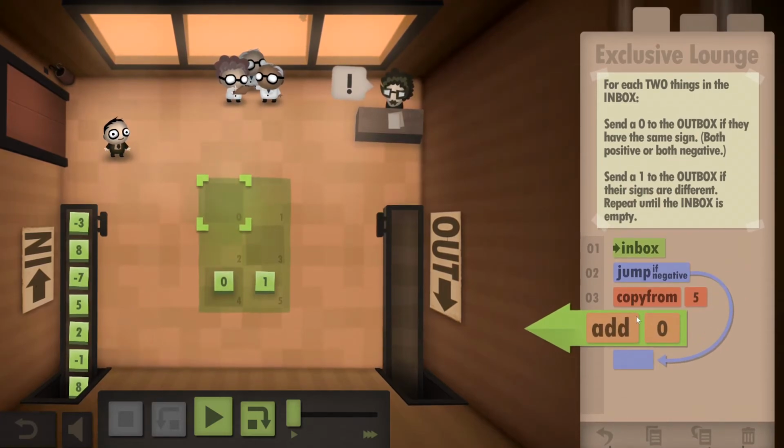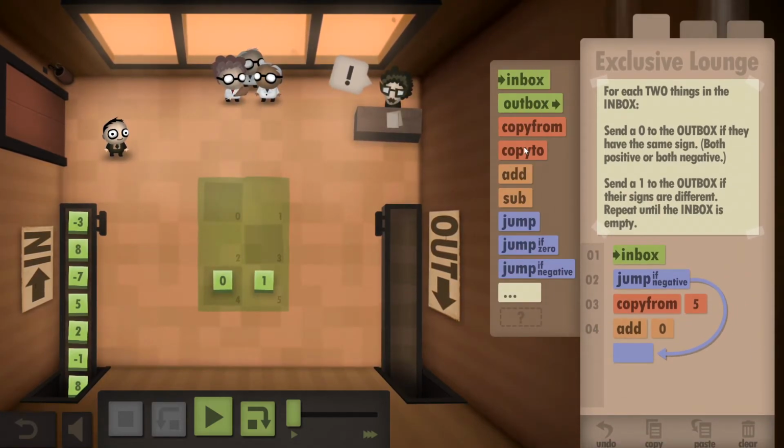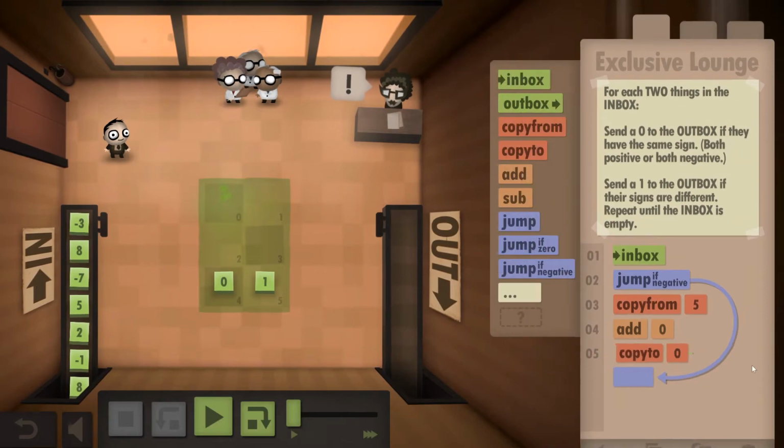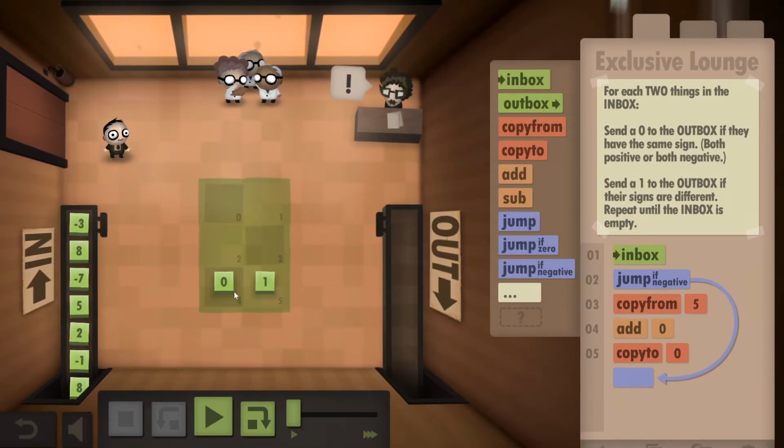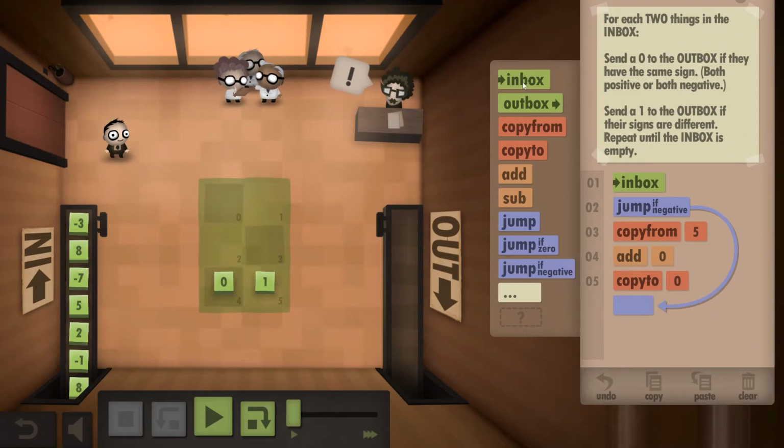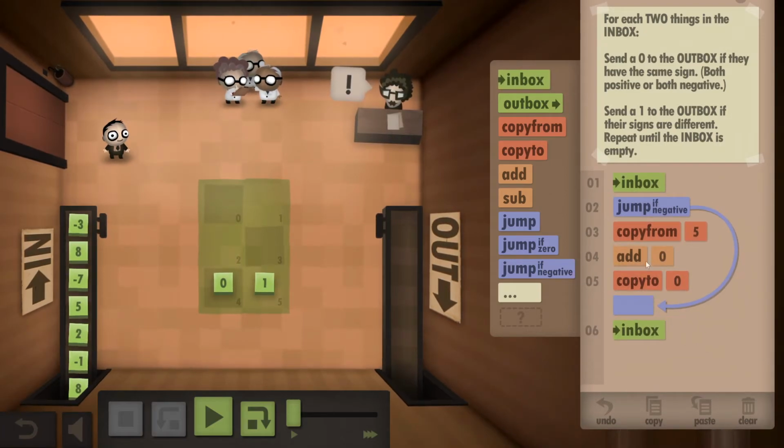Alright, let's add that to whatever's in slot 0 and then store that in 0. So we get a negative number, we'll do nothing. And then we can do it all over again for the second number.